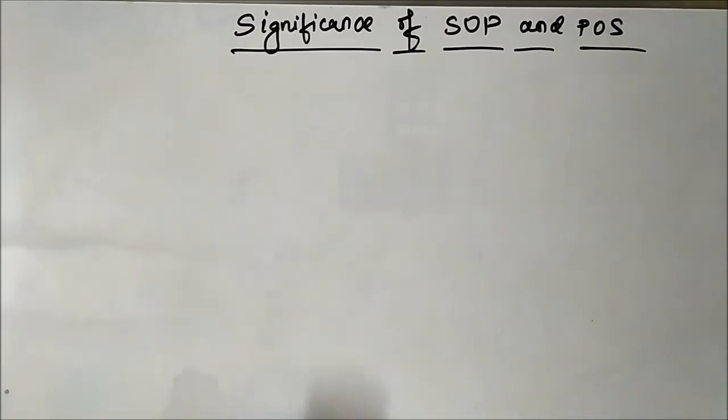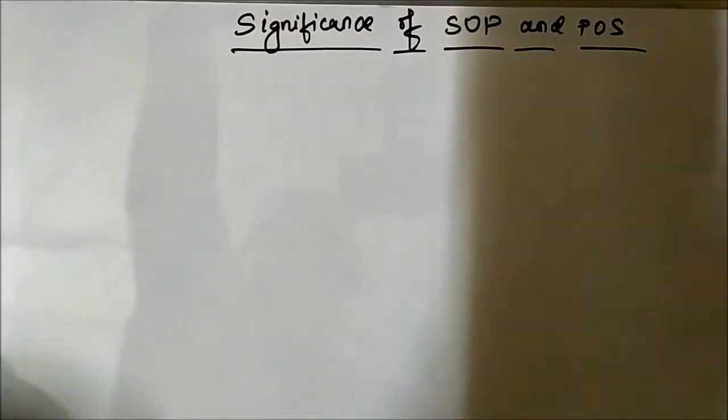So far we have covered the standard Boolean expressions, or the Boolean expressions in canonical form, which are SOP and POS. But what do these SOP and POS mean?